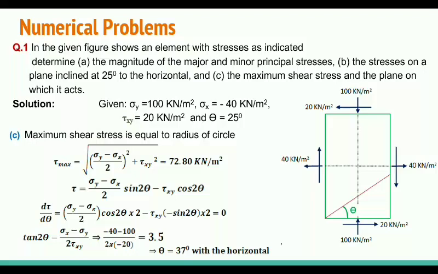So that you can try. Okay, so by completing the Mohr circle, you just take the 2 theta. So 2 theta will be 50 degrees. Take 2 theta as 50 degrees from the BT line, and it will cut the Mohr circle at a point C. Then point C will give the stresses on that plane, right? So all these things you can calculate. Okay, thank you.